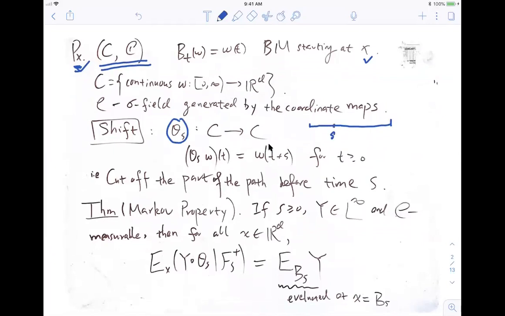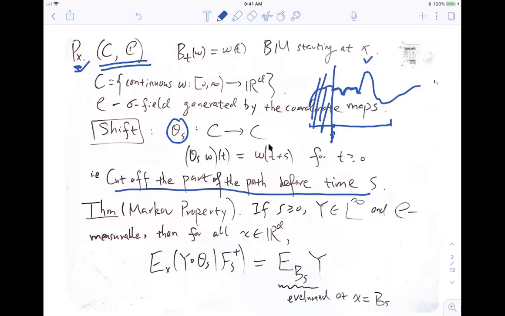If we shift by s, then basically we cut off the part of the path before time s and look at all the behavior starting from time s. The previous time s becomes the initial time.